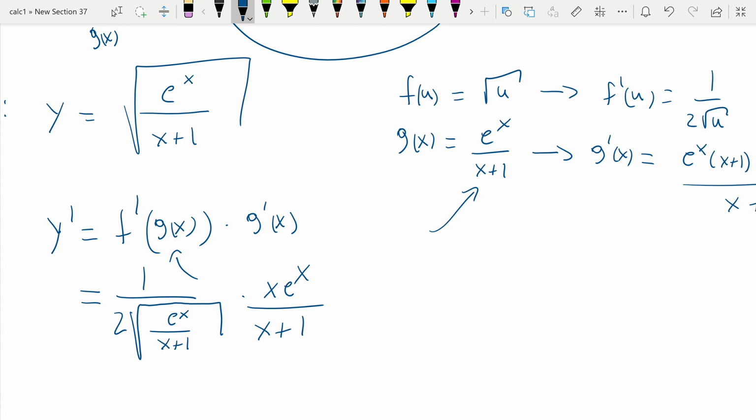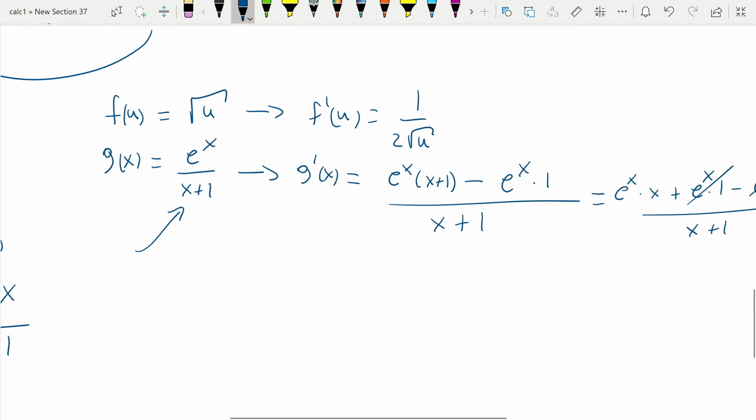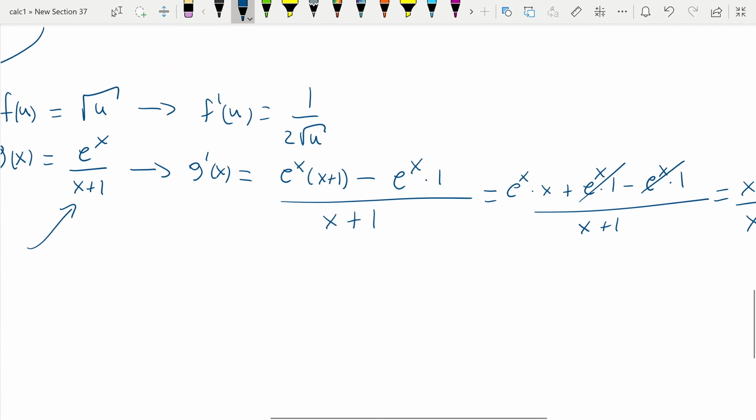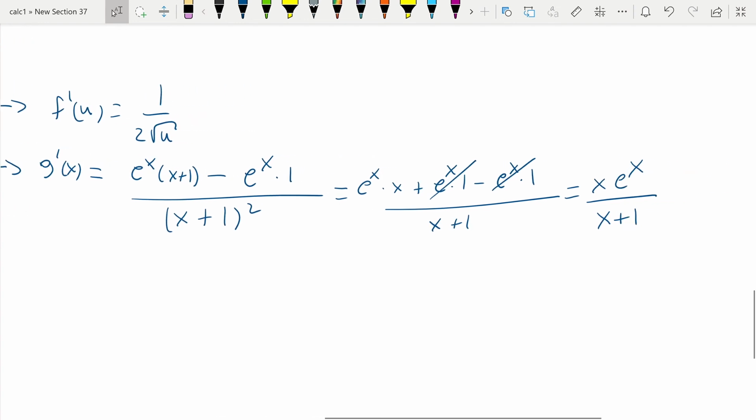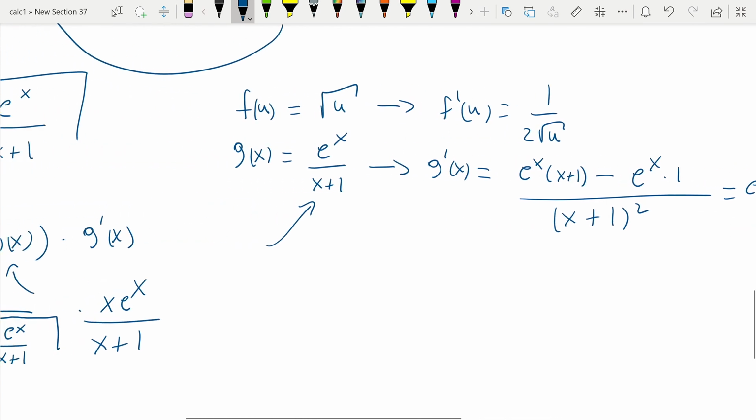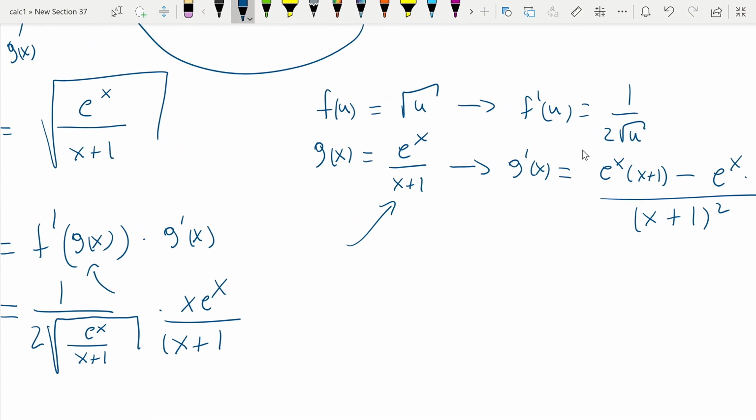And here actually I made a mistake, because when I apply the quotient rule, this is supposed to be squared. Okay, so sorry about that. And so in my final answer, I should get x plus 1 squared.